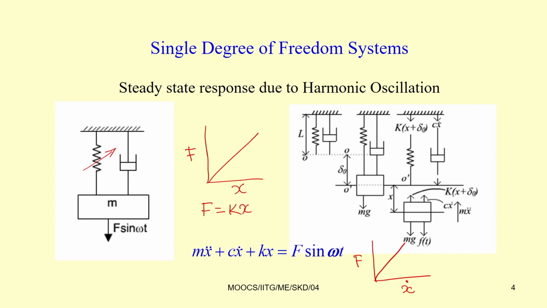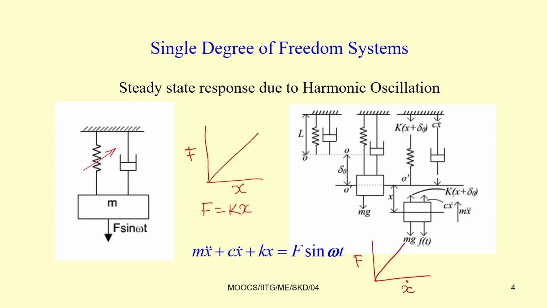Already I introduced two coordinate systems: the generalized coordinate system and the physical coordinate system. In the physical coordinate system, let us take a coordinate from the support. Let L be the length of the unstressed spring and damper.